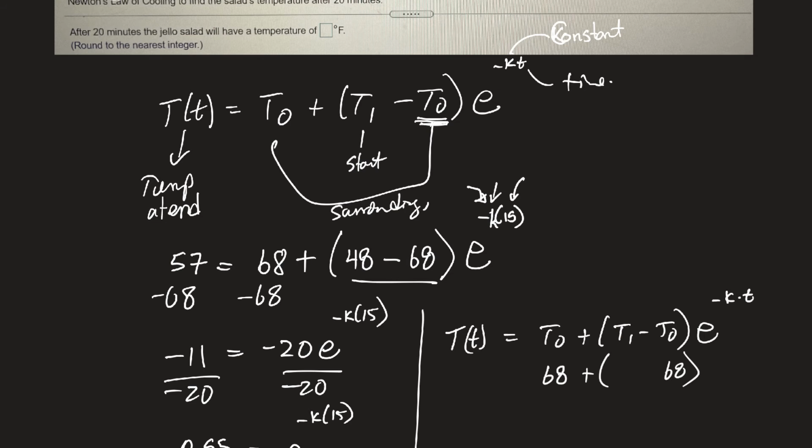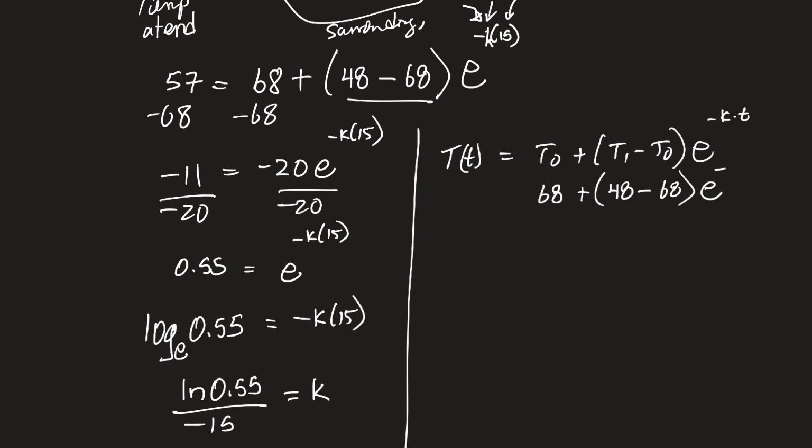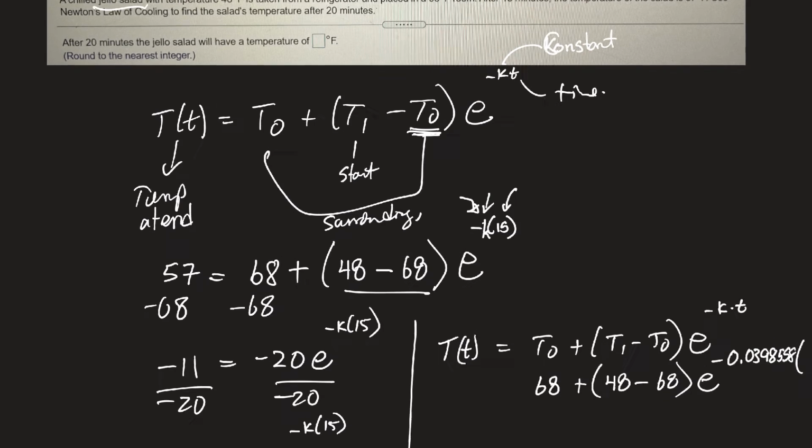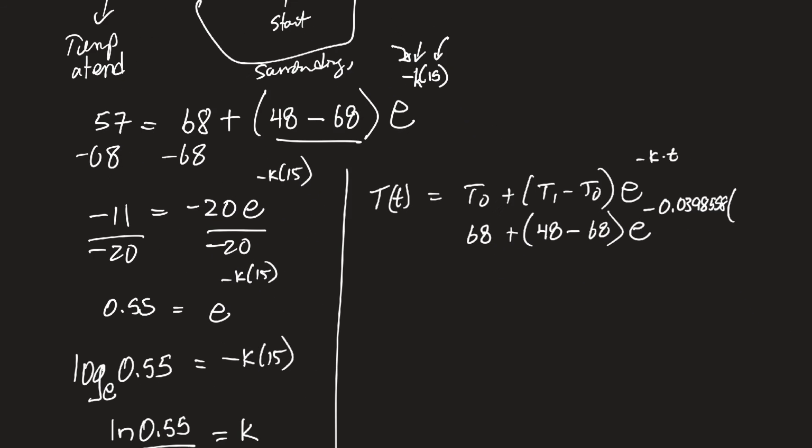And my initial temperature would be the same thing, 48, minus 68, e to the negative 0.0398558 times, this time they're asking me what the temperature will be after 20 minutes, so I can put a 20 there. And this is what the temperature will be after 20 minutes.